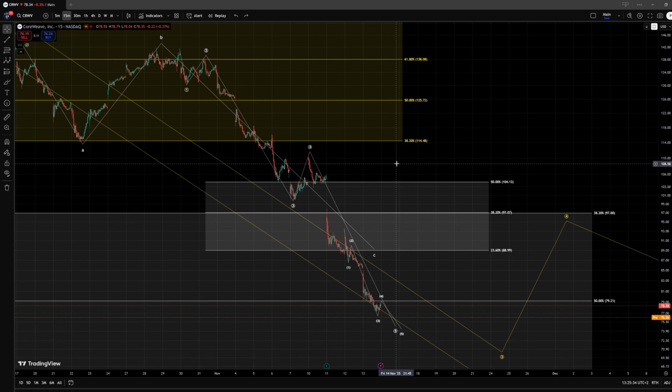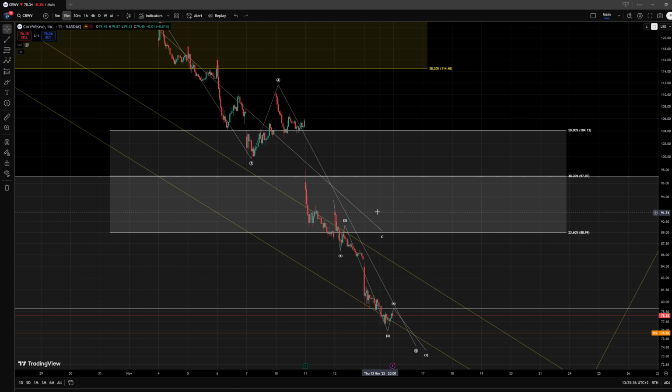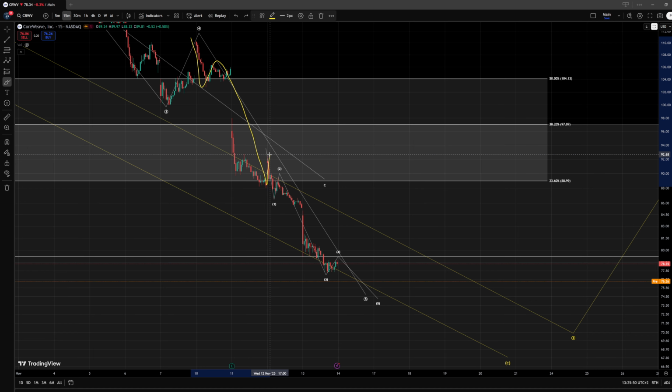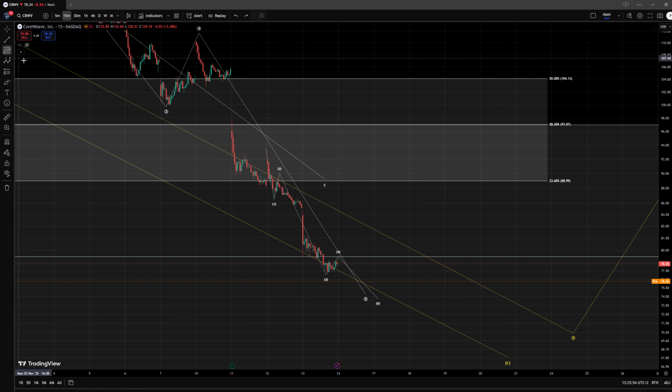But I do also want to point out that within this structure to the downside, and this was the third wave here, I could actually argue that this internal 1, 2, 3, fourth, and then this wave 5 could actually be playing out as an ending diagonal.